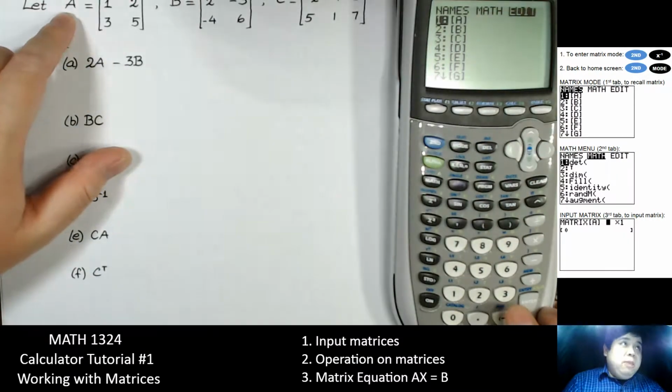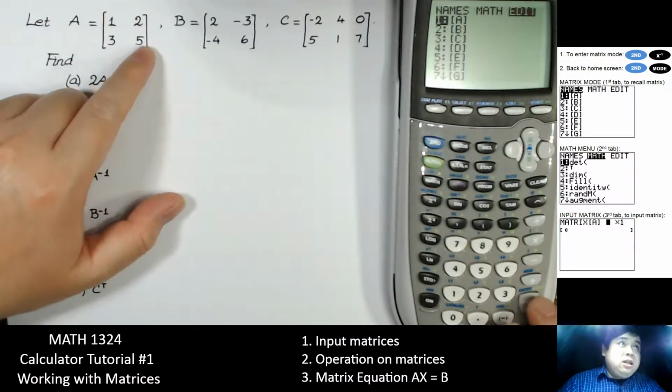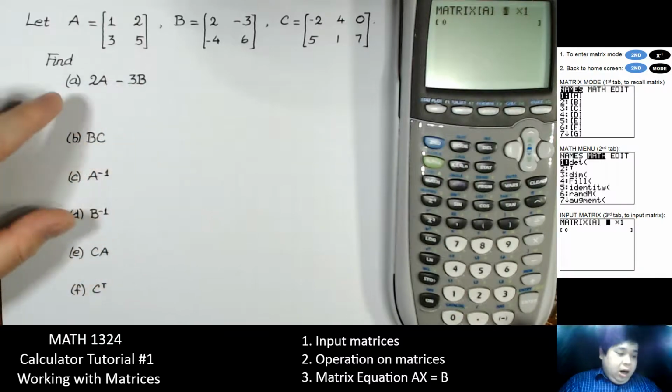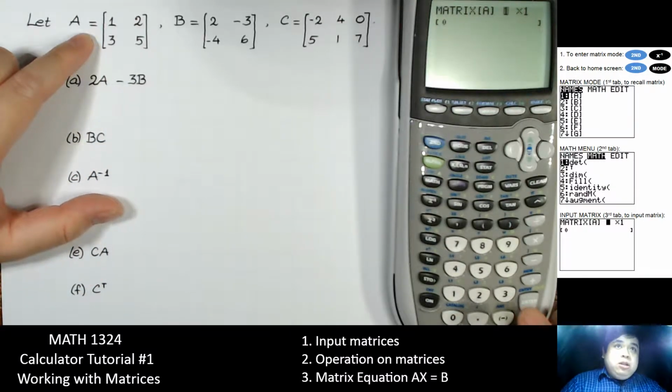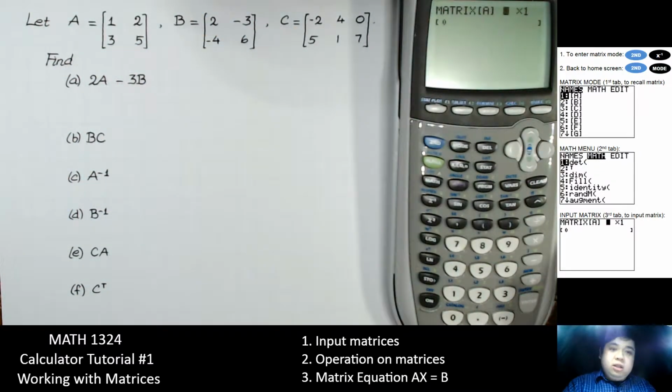Now we enter the matrices A, B, and C, just like that. For matrix A, you see the input screen, it will be like this, also shown in the snapshot on the top.